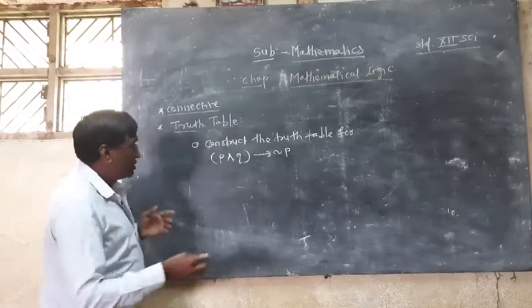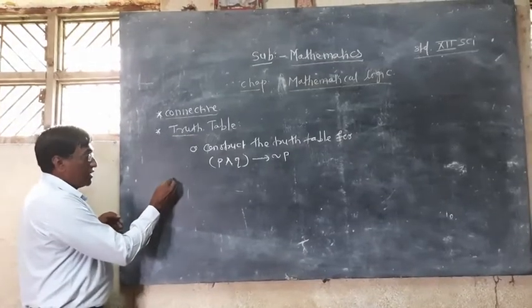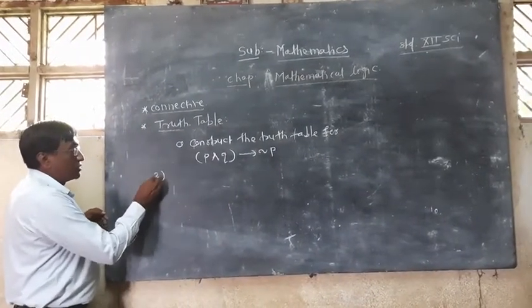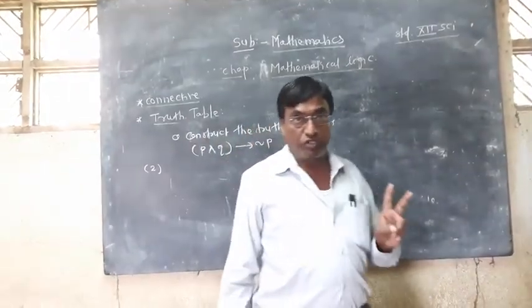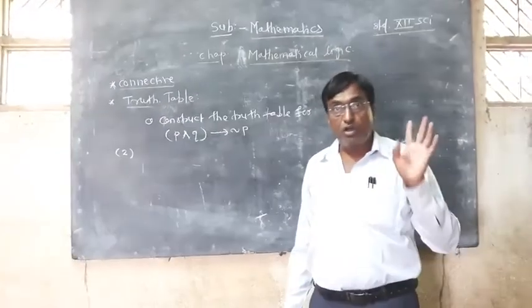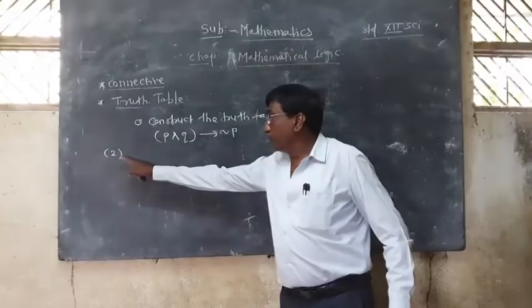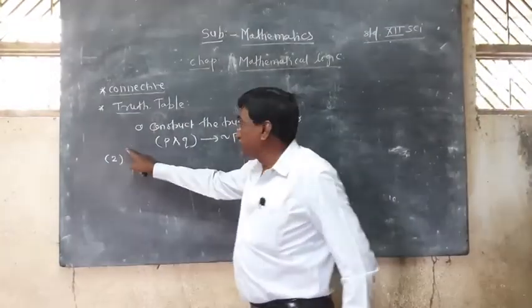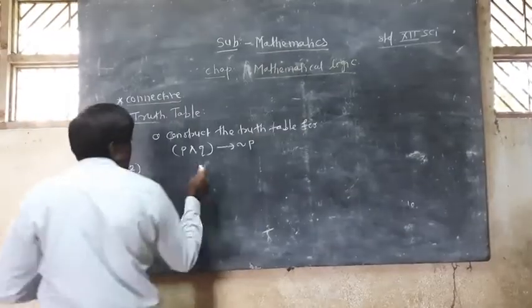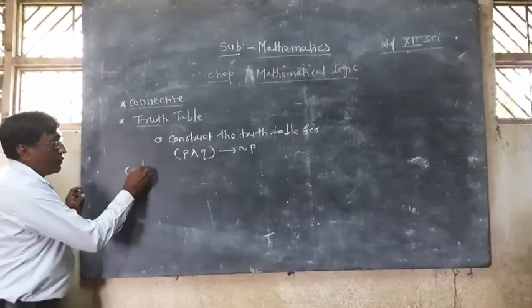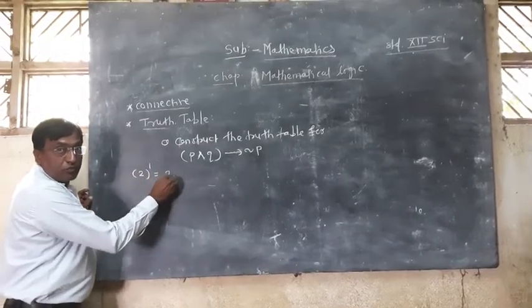So how is it? You can write here that 2 is the base, because every statement has two possibilities: it is either true or false. That's why I consider the base as 2, and its power will be the number of statements. Suppose you take a single statement, then the number of possibilities of result will be 2.